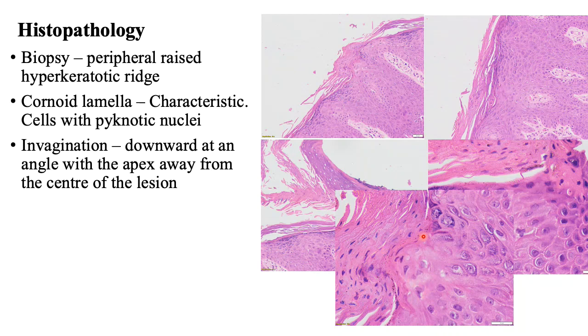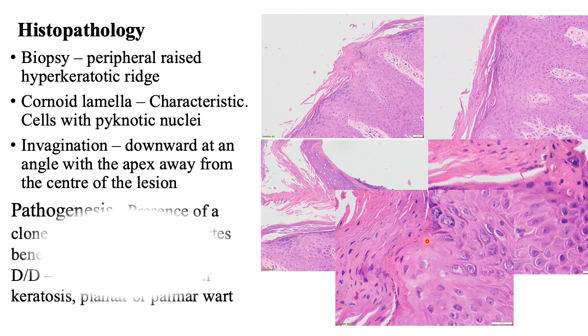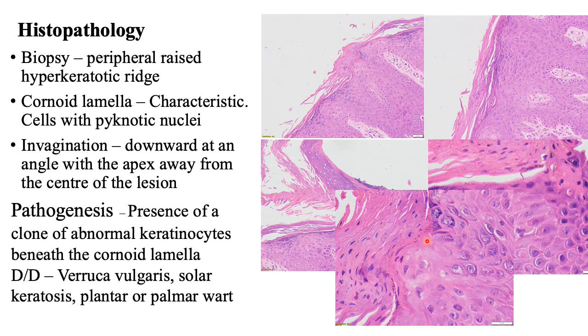In high power view, you can see the formation of cornoid lamella and the abnormal keratinocytes beneath it. So it is seen that a clone of abnormal keratinocytes is present beneath this cornoid lamella. Similar stacks of parakeratosis can be seen in verruca vulgaris, solar keratosis, or in plantar or palmar wart.